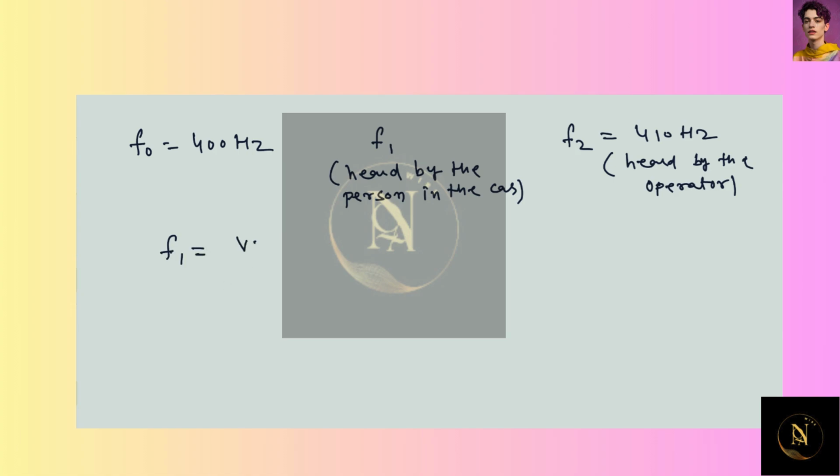It will be v plus v naught, where the observer speed is v naught, or we can say the speed of the car, divided by v only, since the source, the operator, is sitting, so there is no vs, multiplied by f naught. f naught is given as 400. So f1 equals 324 plus v naught divided by 324, multiplied by 400. This will be our equation 1.